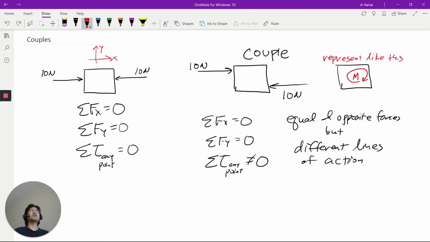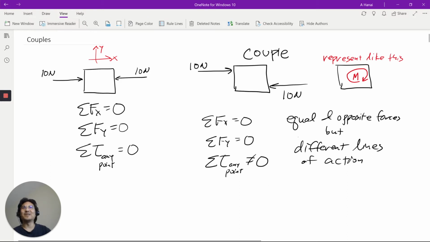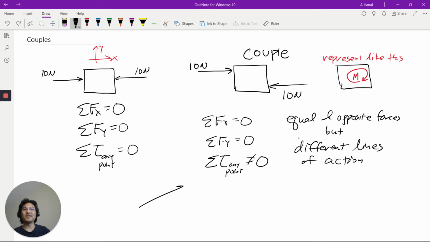Okay, the weird property is you get the same torque due to a couple no matter where you define it in space. That's weird. What I mean by that is if you have a force here, and you ask what's the torque due to that force about this point over here, that's different from if I pick another point like over here, right?